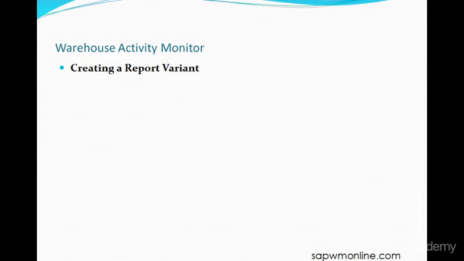So this was about creating a specific variant for the group that you would want to monitor specifically, and also we just saw how we can create a variant for a batch job, and also how to create a batch job for an activity monitor.